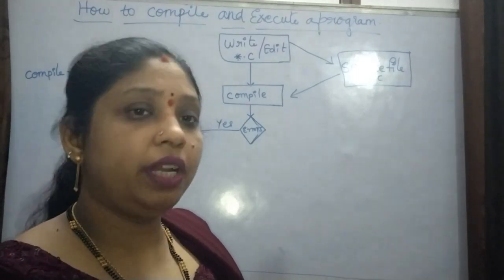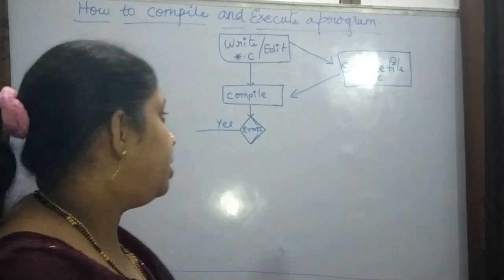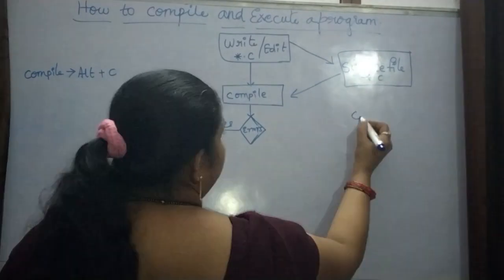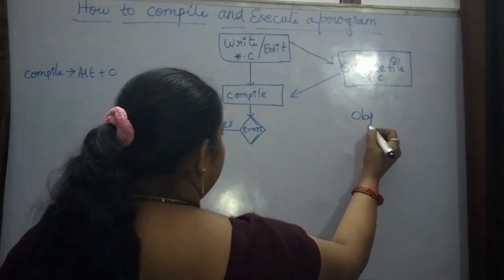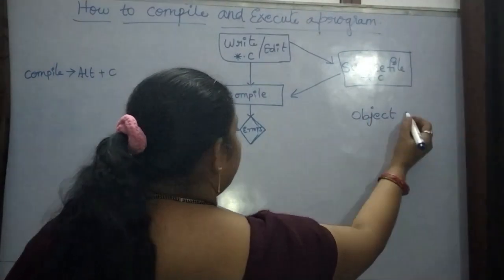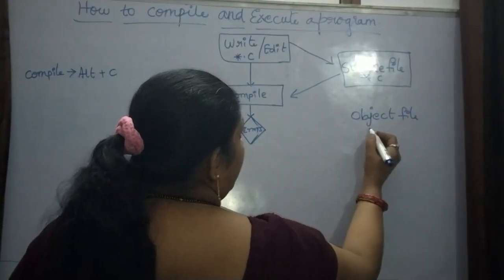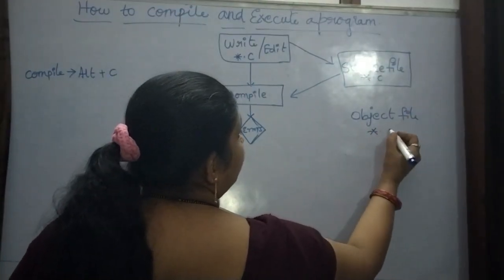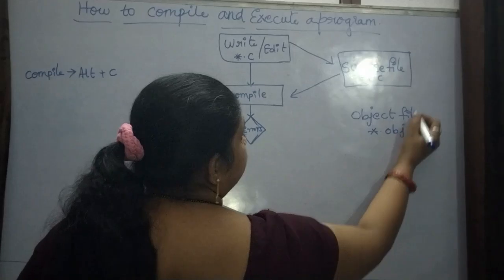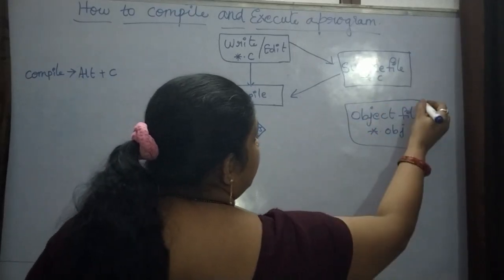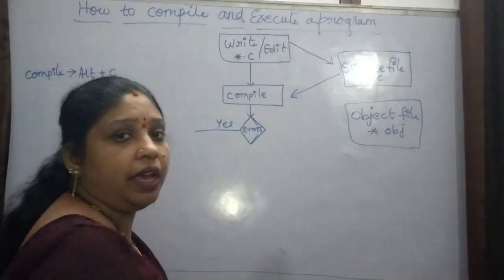Or if you don't get the errors, it will create the object code. Otherwise it is also called an object file. So it will create this file.